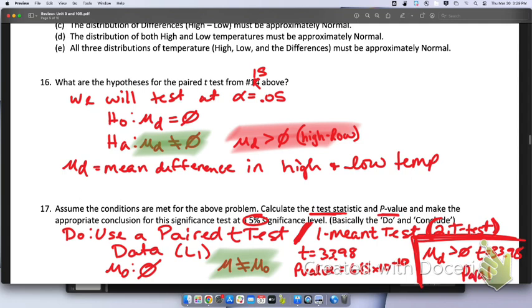So the p-value would only be half of this. So I believe it's like 3.07 times 10 to the negative 10th. It would be half of that p-value.